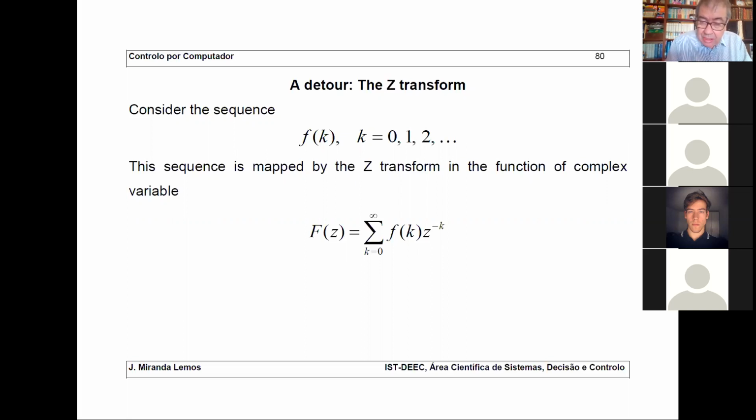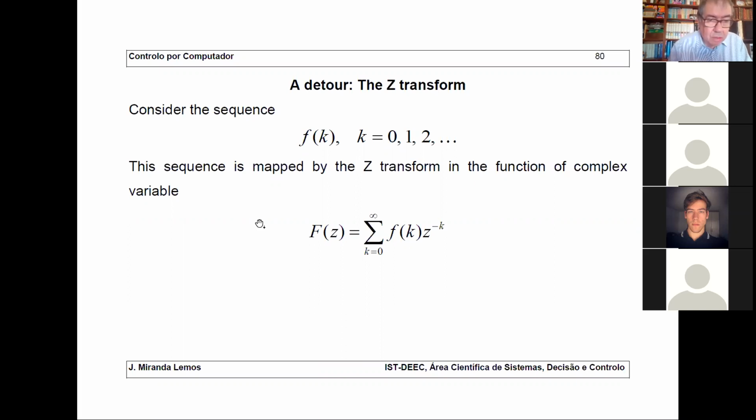You solve the problem in this easier representation, and then you apply the inverse transform. Okay? So the idea of transforms is the same. And you apply this to solving difference equations, the Z-transform. All of you have studied the Laplace transform. So the Z-transform is the counterpart of the Laplace transform for discrete time sequences.